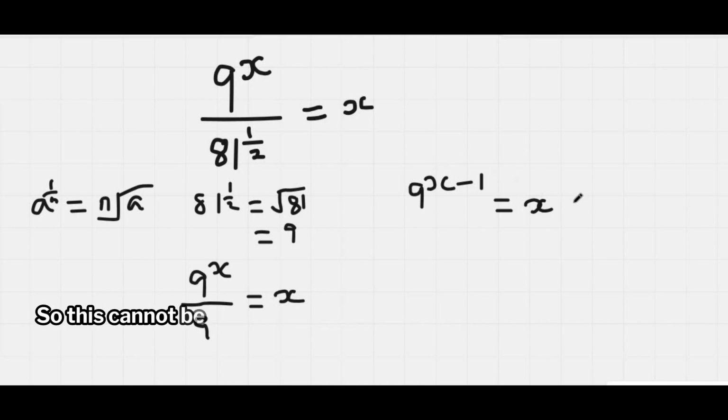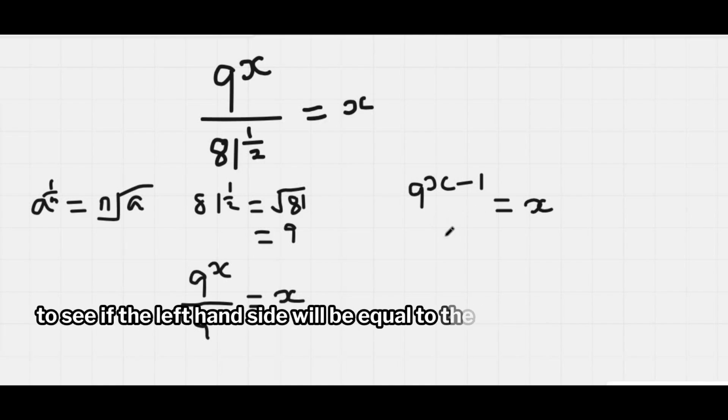So this cannot be solved using the law of indices, logs, or any usual algebraic method. What we are going to use here is a kind of trial method, testing values to see if the left-hand side will be equal to the right-hand side.